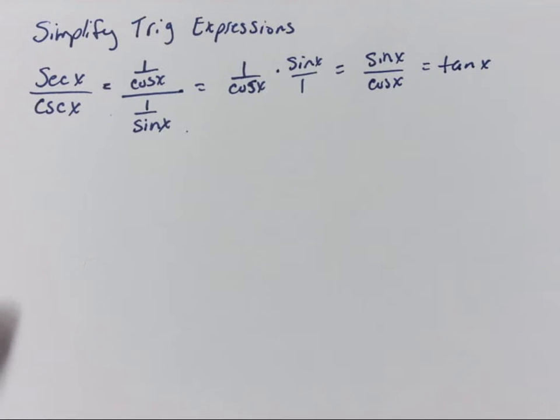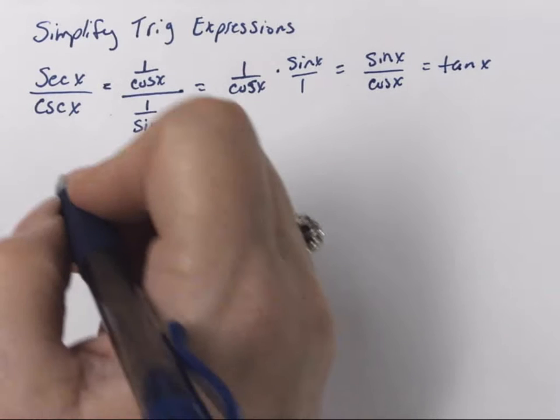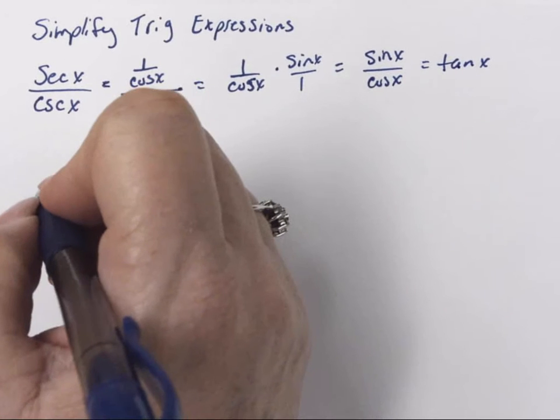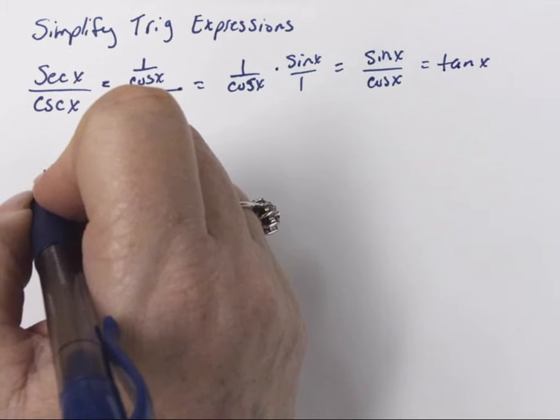Our next problem is 1 over 1 minus cosine x plus 1 over 1 plus cosine x. So we need to get a common denominator to combine our fractions. So when we multiply these by each other, we actually will end up with the difference of squares.